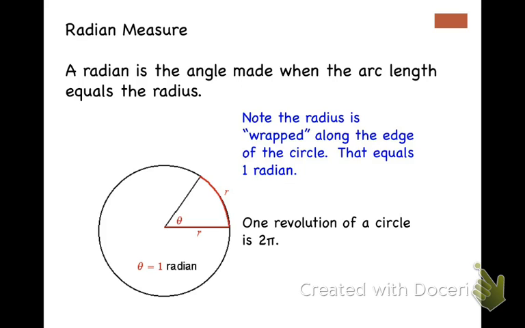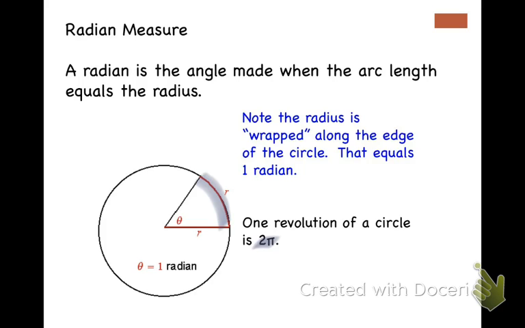So for me to take my radius and wrap that around my circle, I can do that 2 pi times. So we would say that in radians, 1 revolution is 2 pi. But if I think about that in terms of degrees, 1 revolution in degrees is 360 degrees.